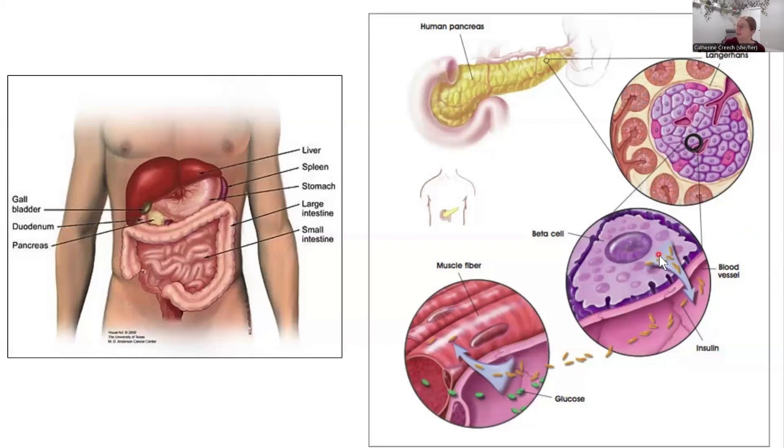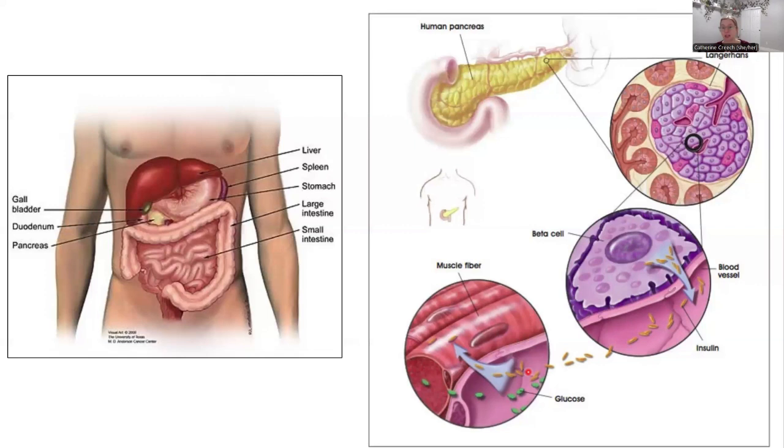As you're ejecting it, you get a whole bunch of insulin that's just getting pumped into the bloodstream because all of these awesome beta cells all throughout this pancreas are pumping out insulin. Once the insulin is in the bloodstream, it will go to any cell that has a receptor for it. So it floods your whole body because your blood goes everywhere.